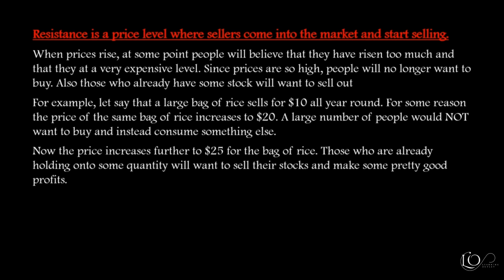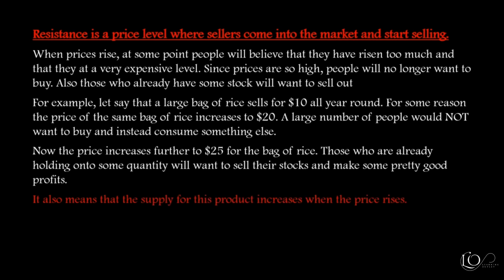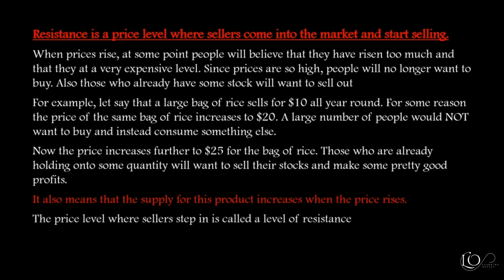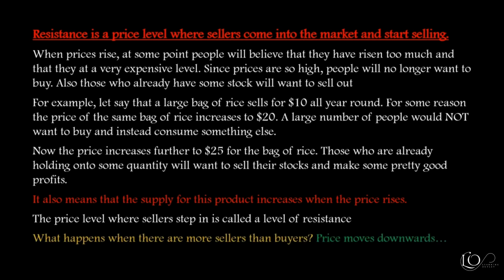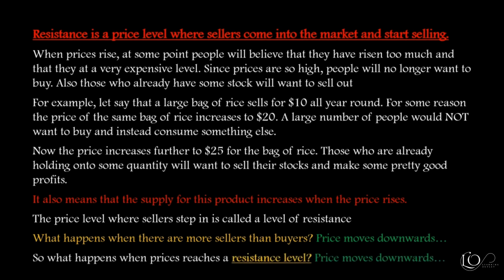So everyone is going to want to sell, and buyers are not going to be there. So when supply increases, prices start to drop. And this level is called a level of resistance. So every time there are more sellers than buyers, prices are going to go downwards. And in other words, when you reach that resistance level, prices are going to move downwards.